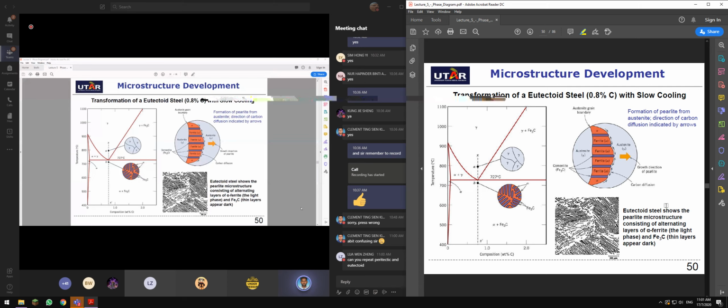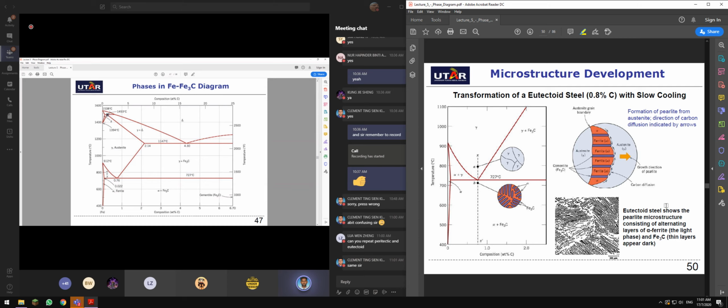Okay, peritectic reaction. When you look at peritectic reaction, the thing you can have in your mind is a transformation of semi-liquid and austenite into solid austenite. Two distinguished materials become one distinguished solid material.